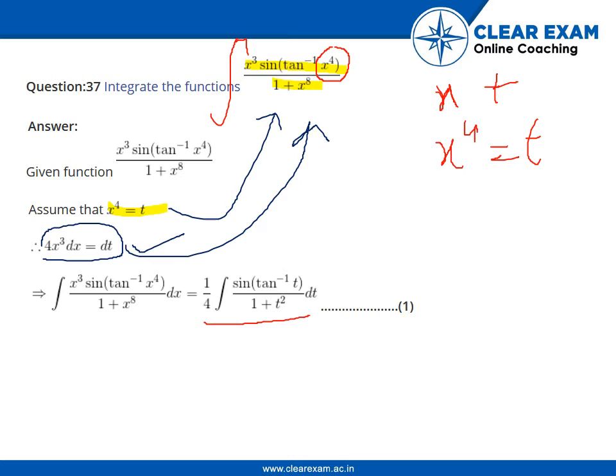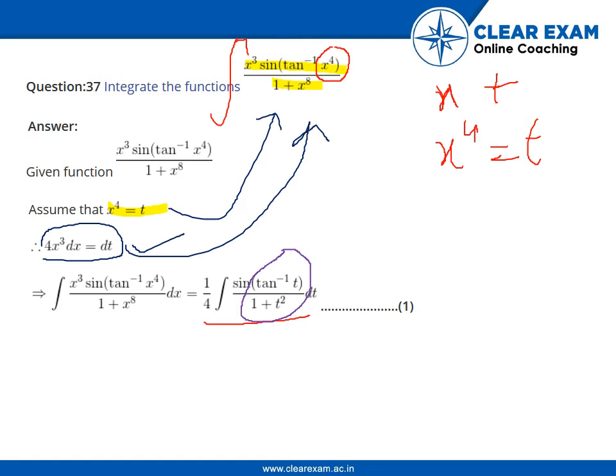Now we can see that by assuming x raised to the power 4 as t, our integrand is simplified. What is our next step? If you look closely, you can observe that we have tan inverse t and 1 plus t square.